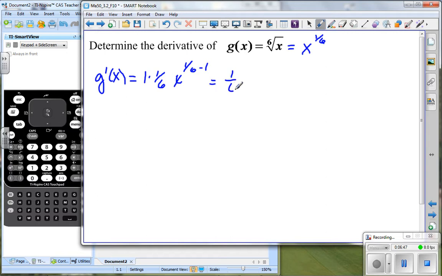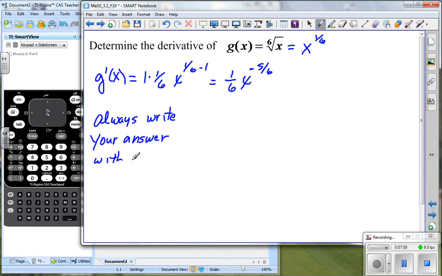So I would have 1/6 x to the negative 5/6 power. Now, although that's a sufficient answer, the rule is to always write your answer with positive exponents.